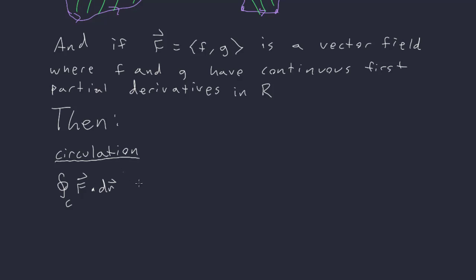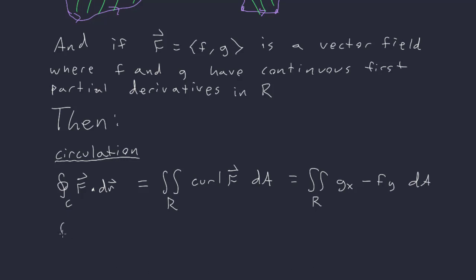So the circulation can instead be calculated as the double integral over R of the curl of F dA, which in other words is the double integral over R of g sub x minus f sub y dA.